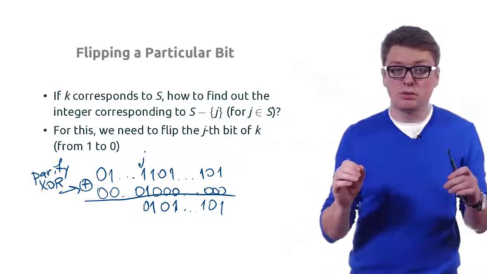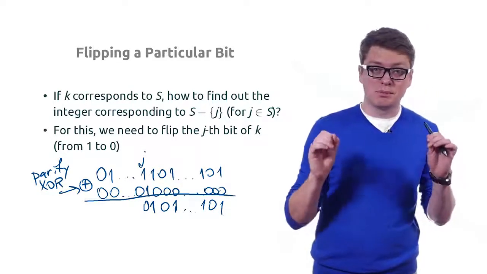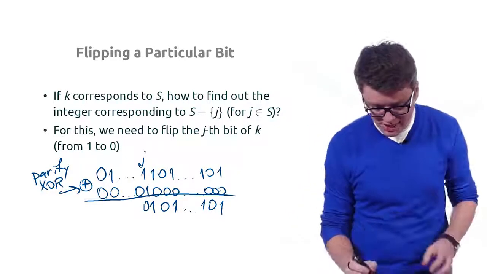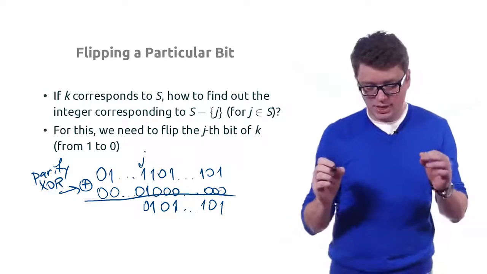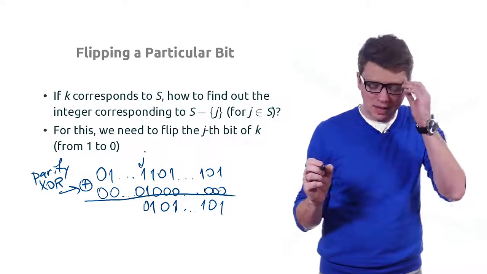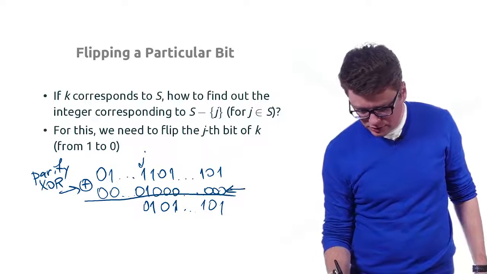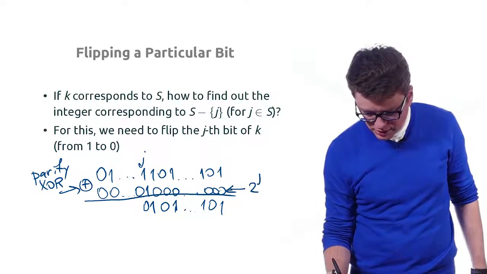So what we need to do is to compute the bitwise parity of our number k and the number which has 1 only in the jth position. It is not difficult to see that this number corresponds to 2 to the j.